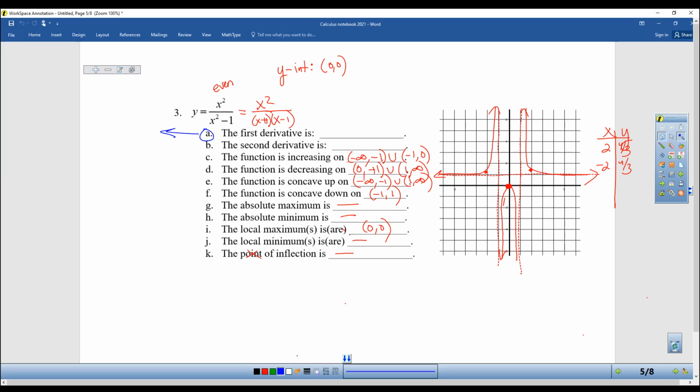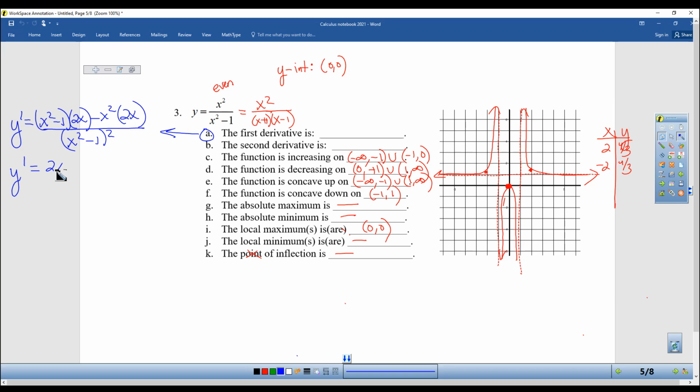So first derivative. The first derivative is going to be the bottom times the derivative of the top minus the top times the derivative of the bottom, all over the bottom squared.